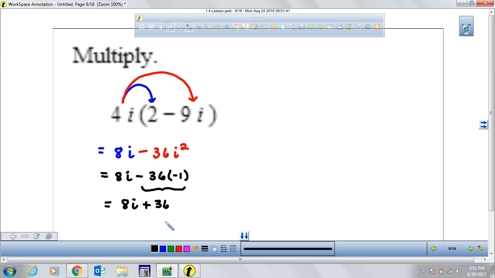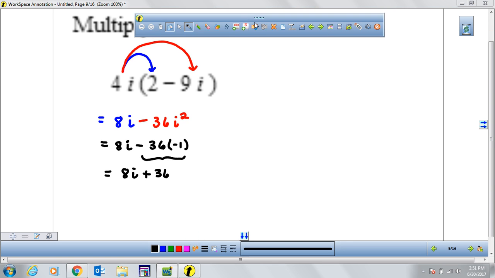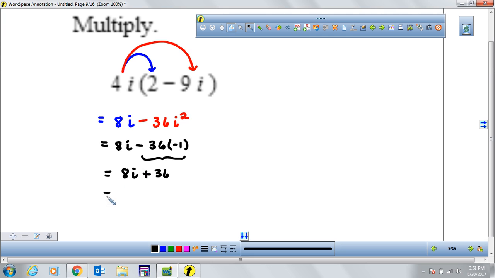Negative 36 times negative 1 is positive 36. All I want you to do now is fix this number because it is not in the correct order. The solution must be in the form a plus bi. This is in the form bi plus a. So let's just switch it over. 36 plus 8i. And now this is my correct way of writing it.